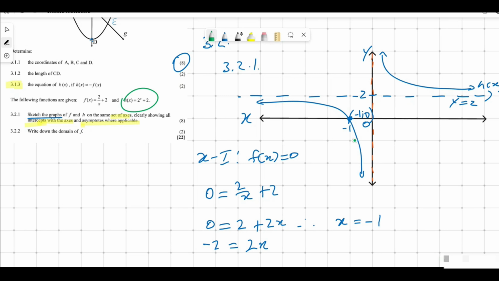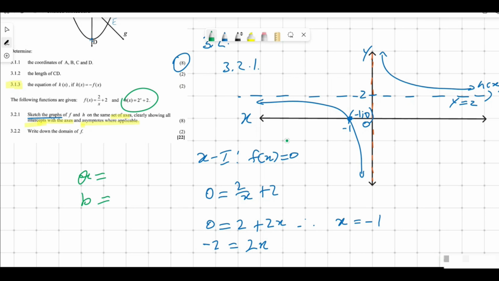The next thing, we need to check what is the value of a and what is the value of b, because we need to know the shape. What is the value of a? Check again.